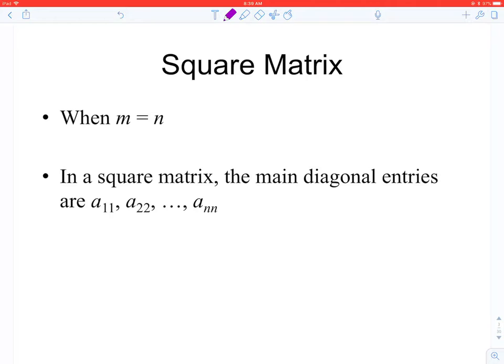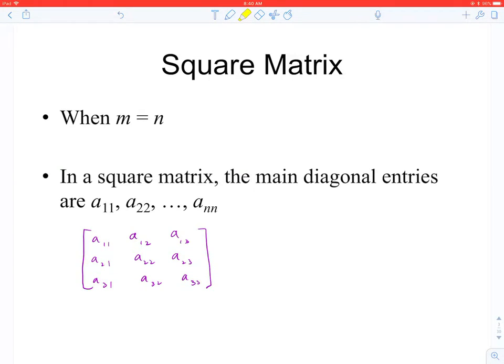And in a square matrix, the main diagonal entries are a sub 1, 1, a sub 2, 2, a sub 3, 3, and so on. So for example, a 3 by 3 square matrix would be a sub 1, 1, a sub 1, 2, a sub 1, 3. Then we'd have a sub 2, 1, a sub 2, 2, a sub 2, 3, a sub 3, 1, a sub 3, 2, a sub 3, 3.